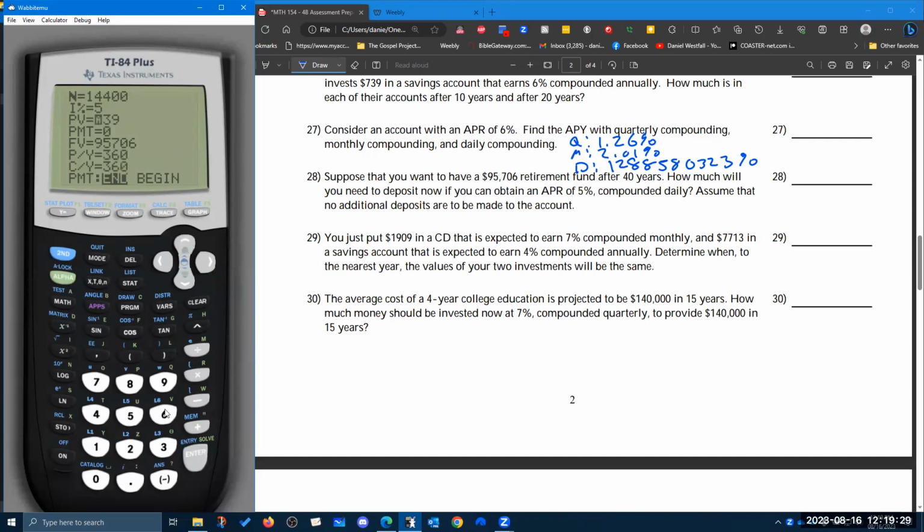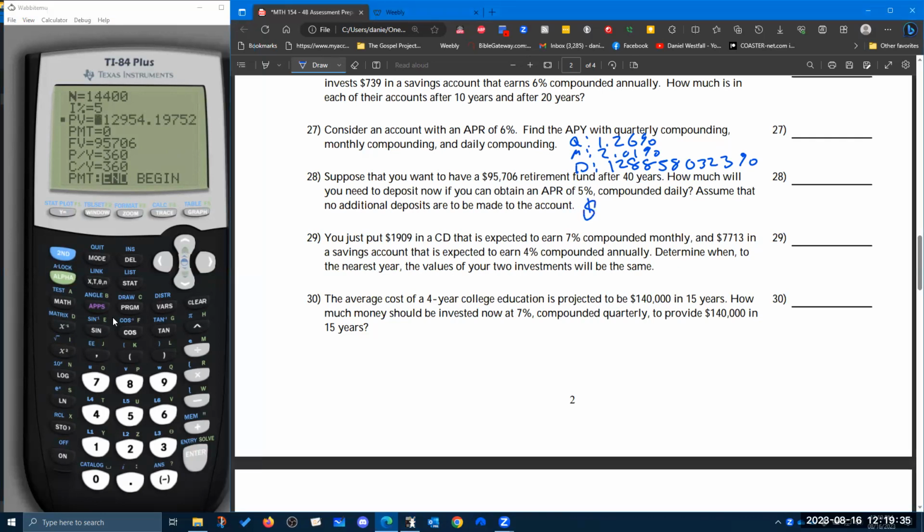The present value needs to be an investment of $12,954.20 into the account.